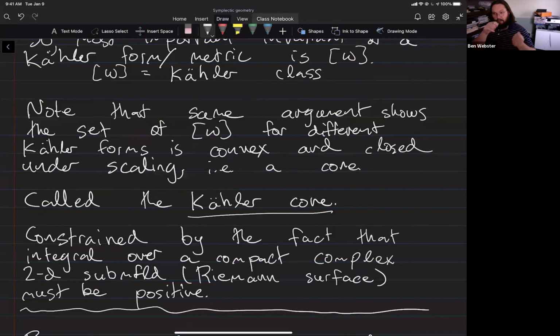So for every Riemann surface in your complex manifold, you get an inequality constraining this Kähler cone. And in many good cases, that's the only inequality you need, but that's not true in every single case.